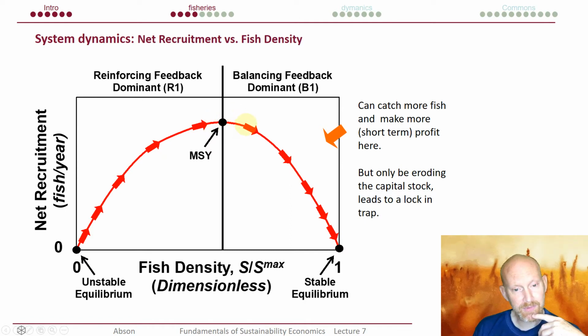More importantly, once you move past the point of maximum sustainable yield, you're starting to degrade your fish stock. You're consuming more fish than are being recruited in the ocean, but you can't distinguish between new fish which are being generated sustainably from a stable stock and fish which are being taken from that stock.